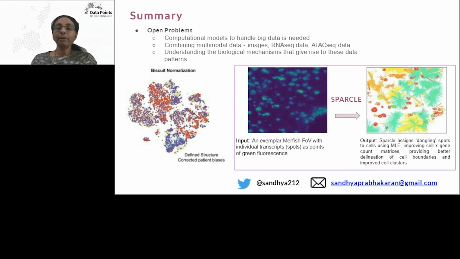I've also contributed to single-cell spatial transcriptomics through Sparkle. And some of the open problems in the field are the need of having more computational models to handle big data, combining all this big multimodal data that comes from images, RNA-seq, ATAC-seq, for example. And another is understanding the biological mechanisms that give rise to these data patterns.